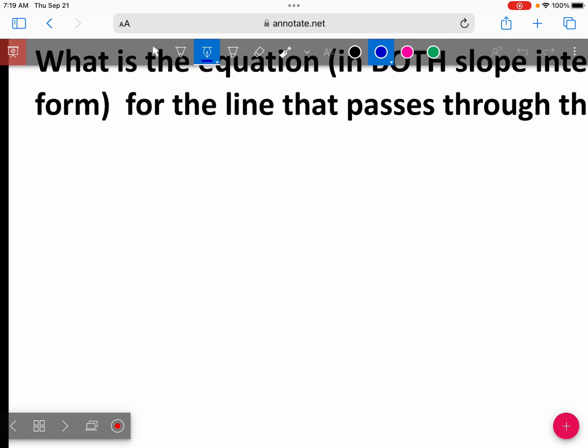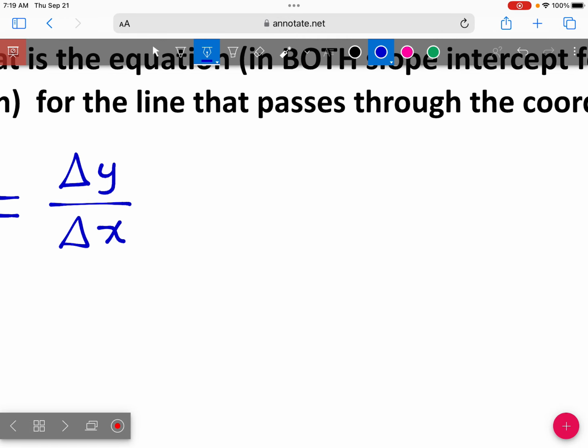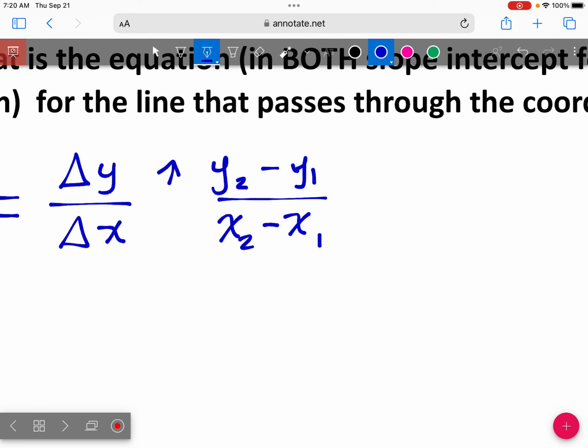That's when we're gonna use our formula where we find the change in the y's over the change in our x's, the difference in the y's over the difference in the x's, or y2 minus y1 over x2 minus x1. That one is sideways. There we go. We're looking at how the y's change, how the x's change. Remember, this is our rise over run. The rise always has to do with the y's. The rise, the y's. They rhyme.